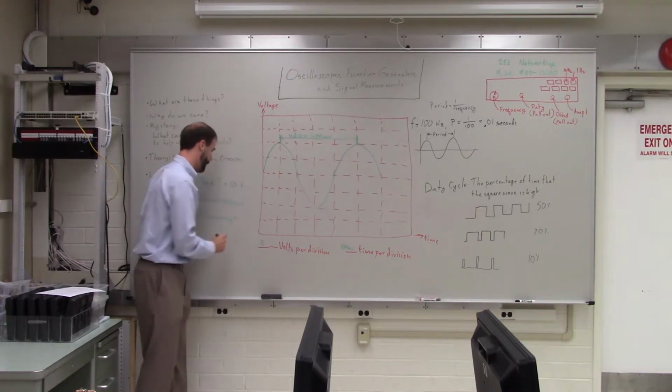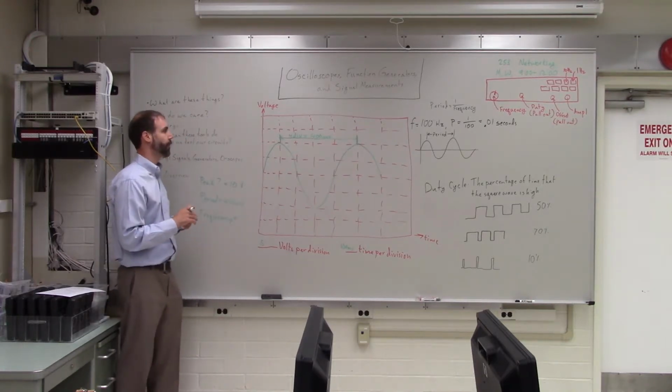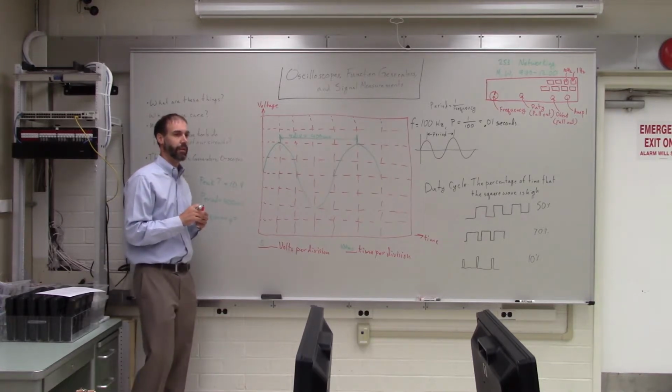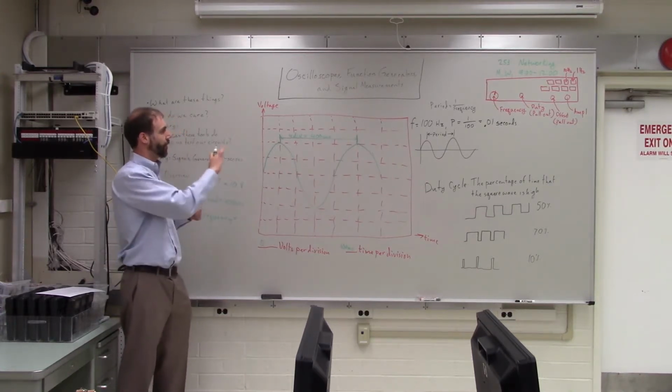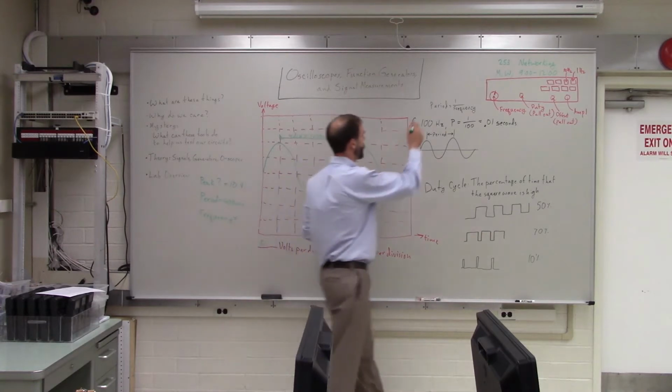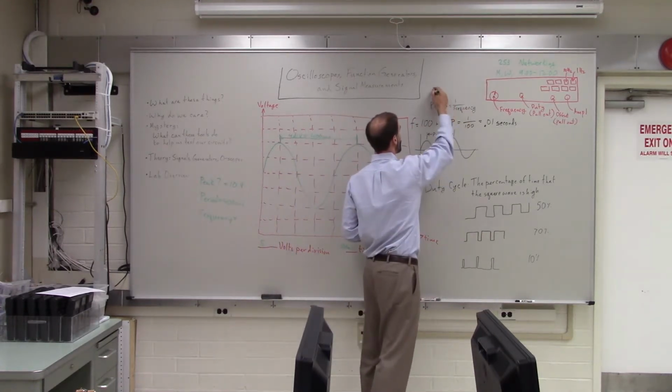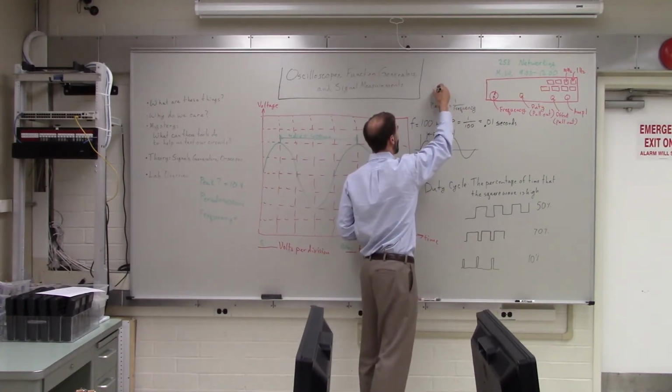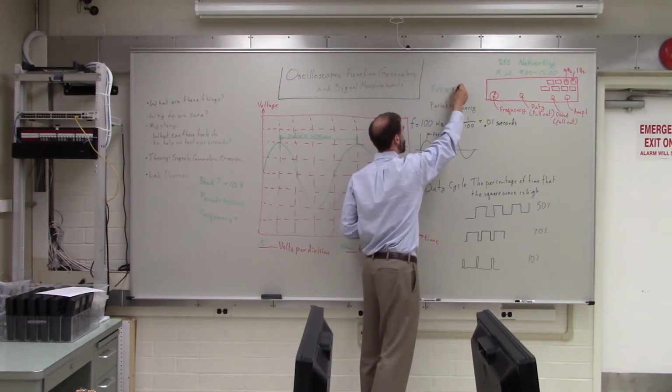You guys remember what the formula was for the frequency? One divided by frequency. Oh, the opposite? Yeah, so this is the formula for the period. It turns out that the other formula works pretty much the same way.